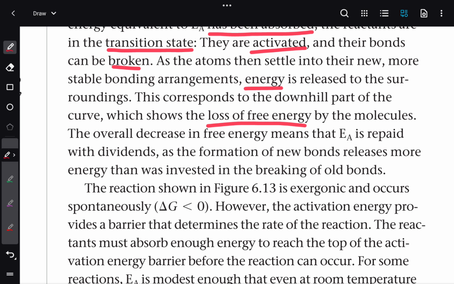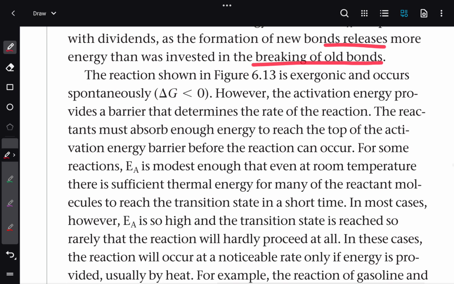The overall decrease in free energy means that the energy of activation is repaid with dividends, as the formation of new bonds releases more energy than was invested in the breaking of old bonds. And that's how we get energy. Basically, that's the whole idea.